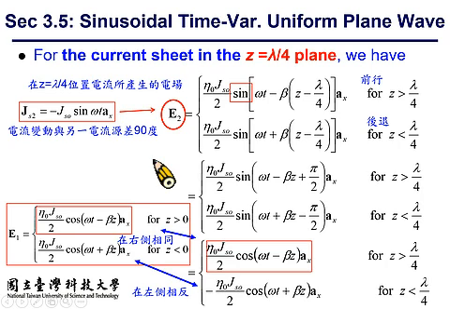So we can identify that the two are exactly the same for the region greater than lambda over 4.